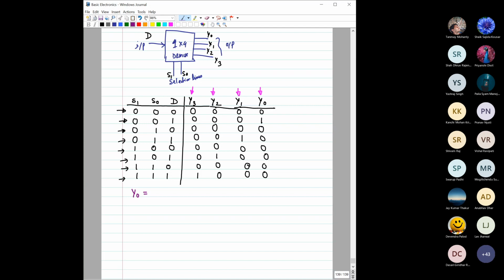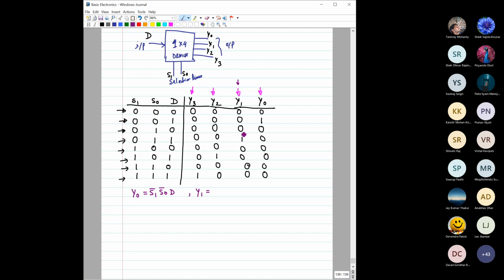Expression of Y0. Please tell me quickly. S1 bar, S0 bar, then D. Very good. Okay, what would be Y1? S1 bar, S0, D. Right.